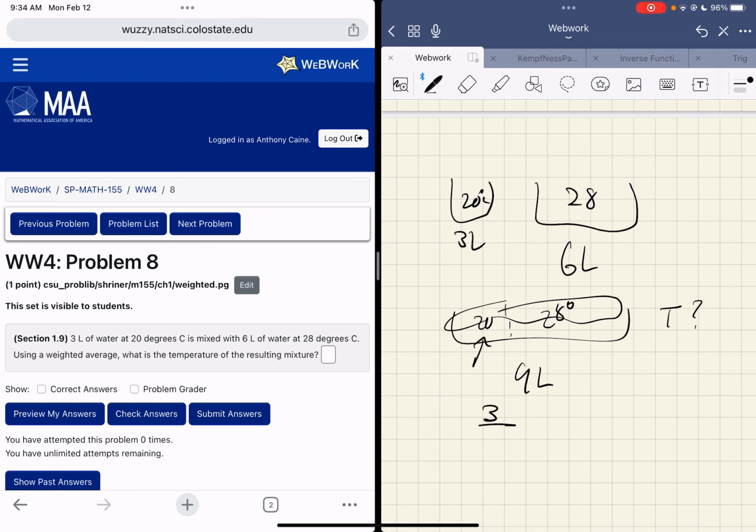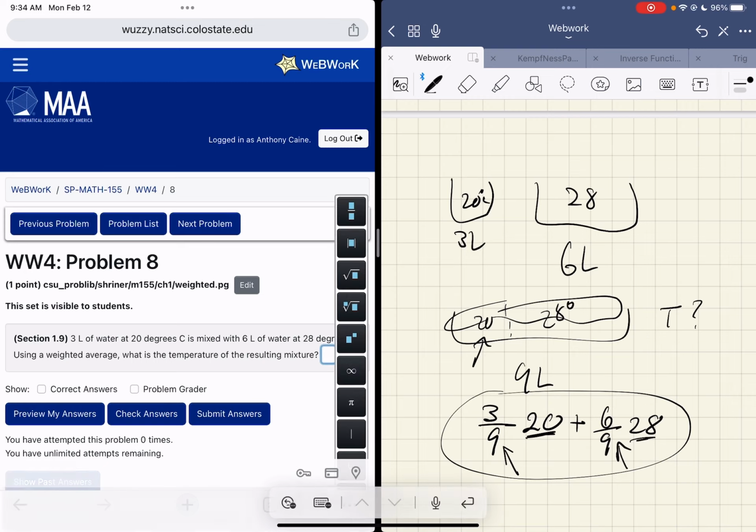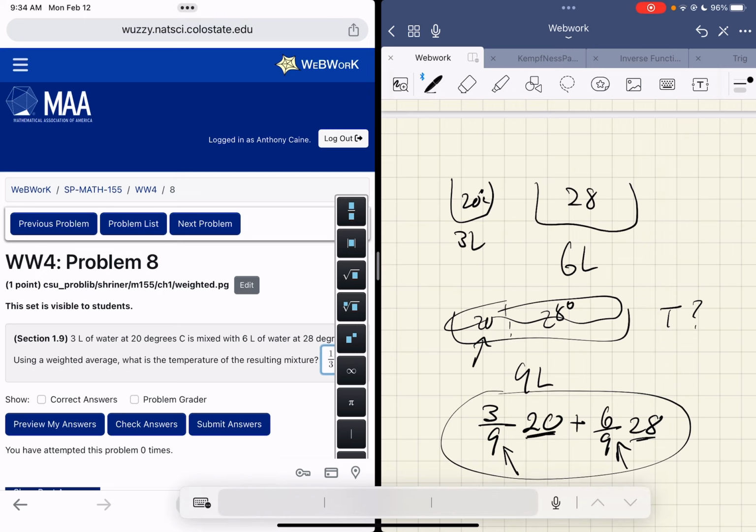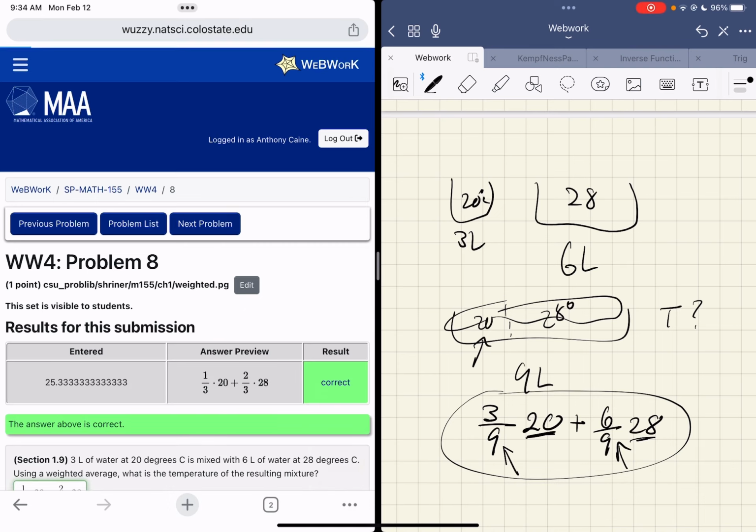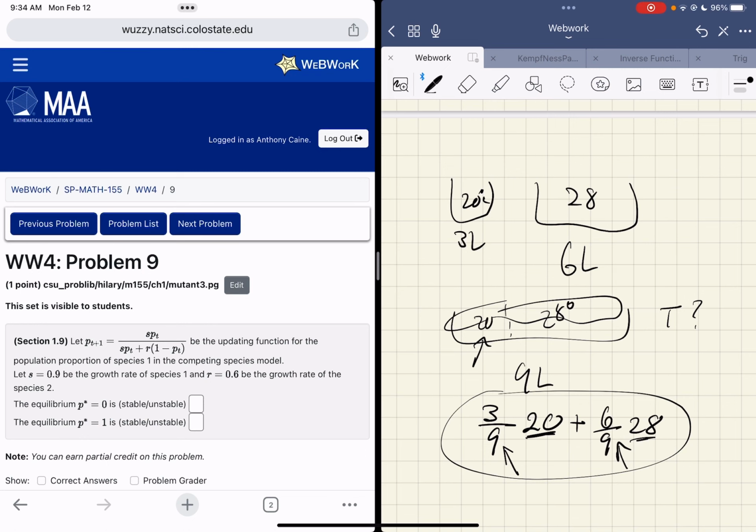Oh, right. 3 of the 9 was 20. How much was 28? Oh, right. 6 of the 9 was 28. It turns out adding the fraction of each amount will give you the new total. So 3 divided by 9, famously 1/3, and that was 20. Plus 6 divided by 9, also famously 2/3, and that's 28. Hit submit. There it is. That's called a weighted average.